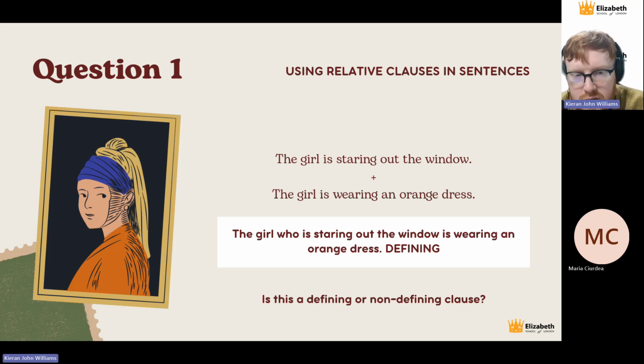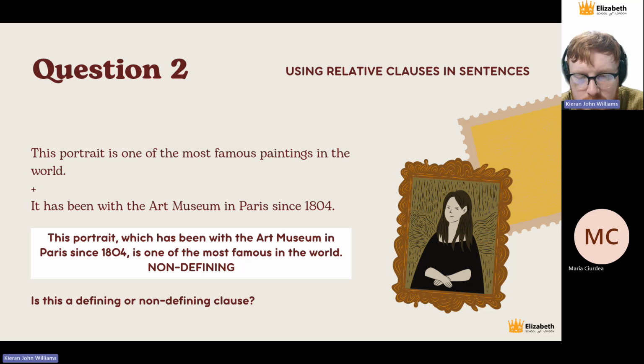All right, so question 2. Again, we have two sentences that we need to connect together using a relative clause. So can you do that for me, Maria?